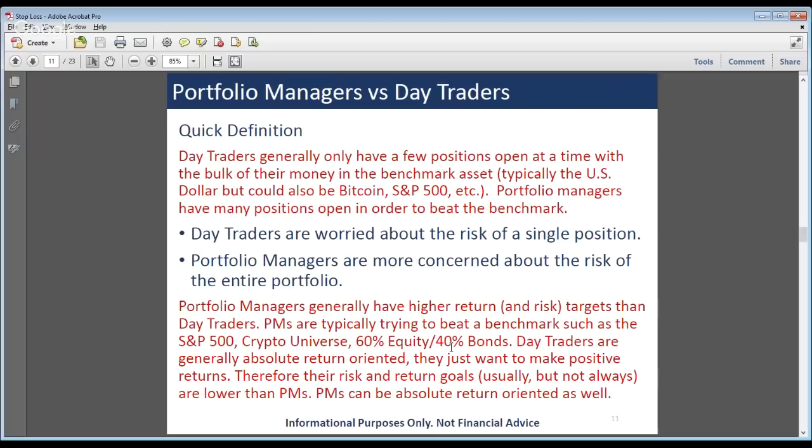Where portfolio managers, in many cases, are okay being negative if their benchmark is negative as well. They just want to beat that. So the risk and return goals of day traders are much lower than PMs. It's not always the case, but generally. And portfolio managers can be absolute return oriented as well. A lot of hedge funds are, where they're just trying to produce a positive return.